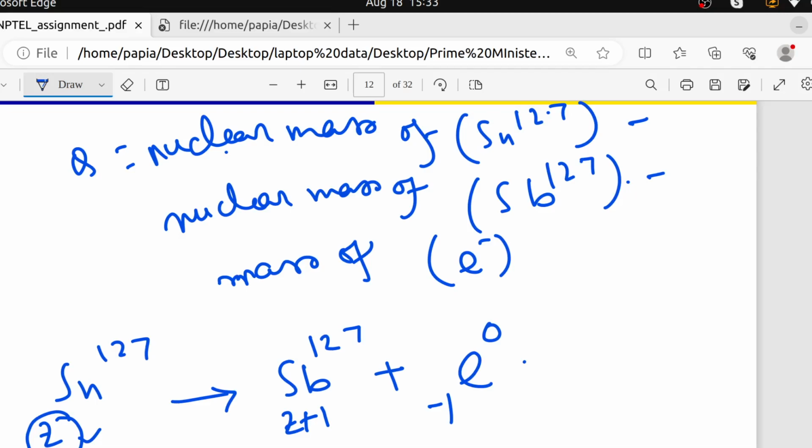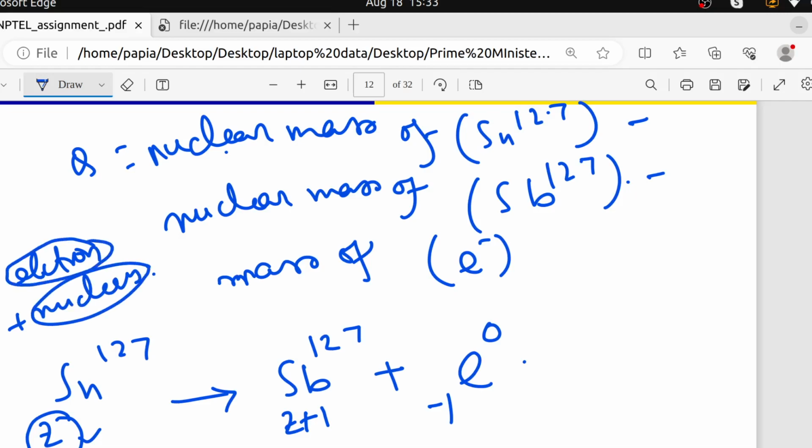If I write here the mass of atom of Sn127, the mass of atom means the atom consists of electrons plus nucleus. So the nucleus mass and electron mass as a whole is the atomic mass.